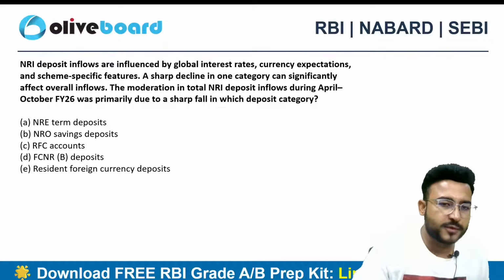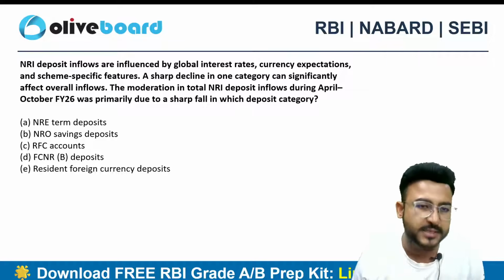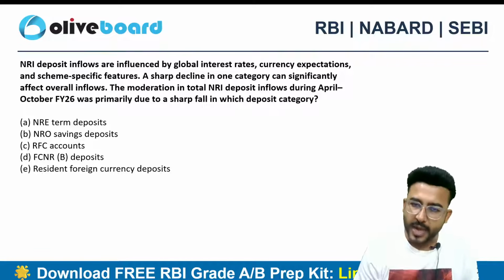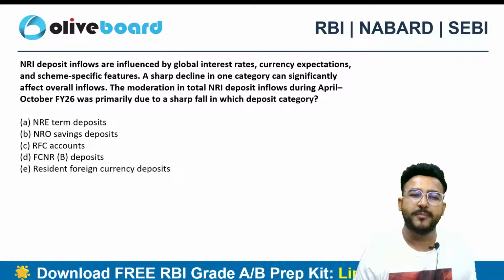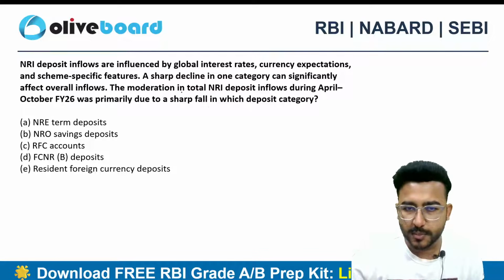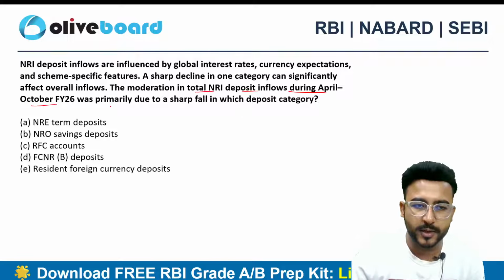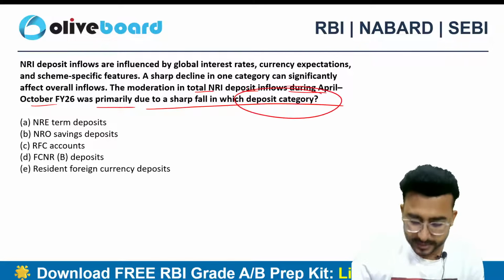Next one. NRI deposit inflows are influenced by global interest rates, currency expectations and scheme specific features. A sharp decline in one category can significantly affect the overall inflows. So the moderation in the total NRI deposit inflow during April to October 2026 was primarily driven by which deposit category?